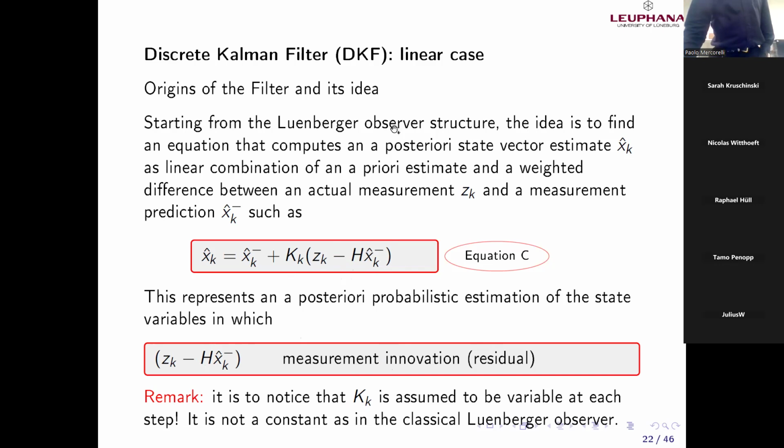Basically, our approximation of the true is what I know in advance, and I now have to consider the innovation between what I am measuring and what I thought, because xk minus is something related to the a priori.